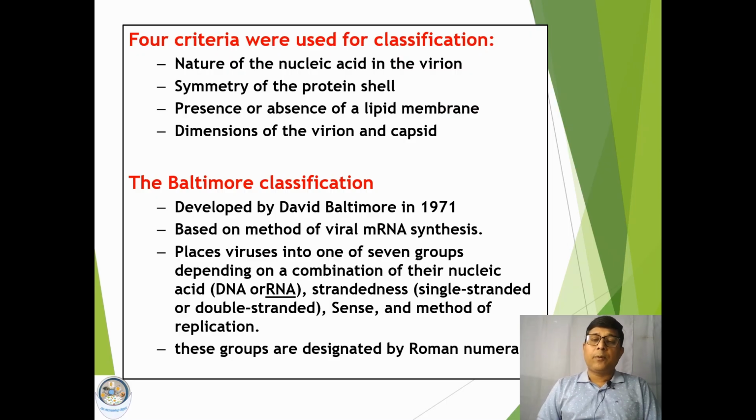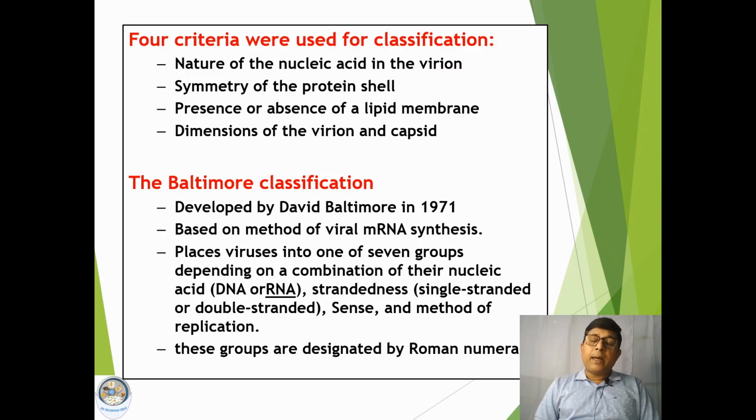Another classification for viruses was developed by a noted virologist, David Baltimore. This system is called the Baltimore classification, developed in the year 1971. It is mostly based on the method of viral mRNA synthesis.